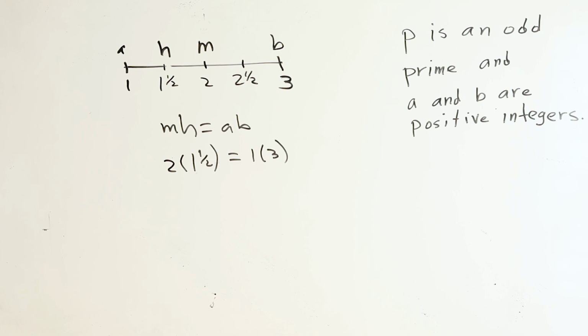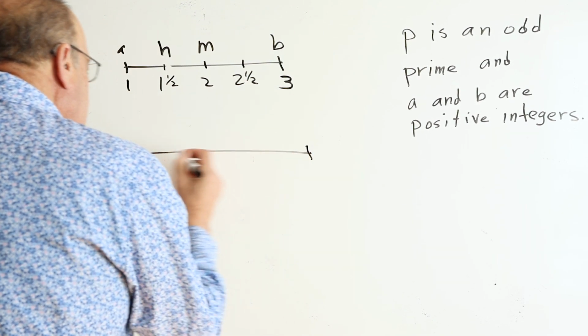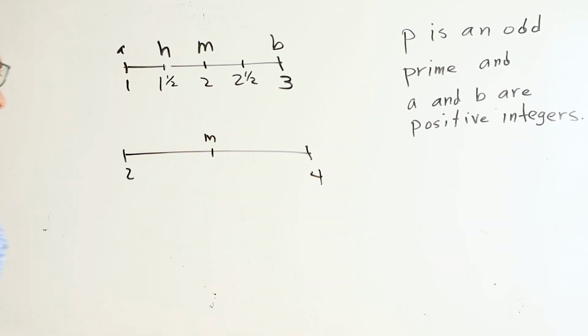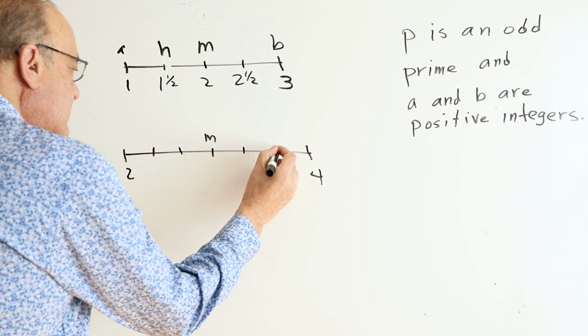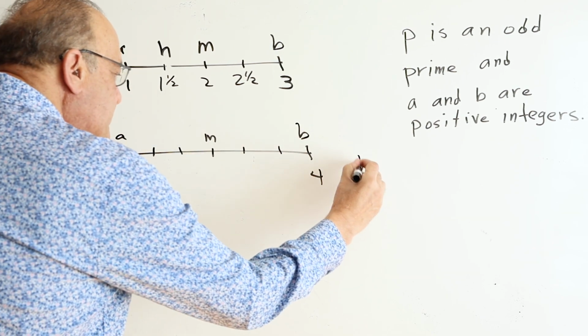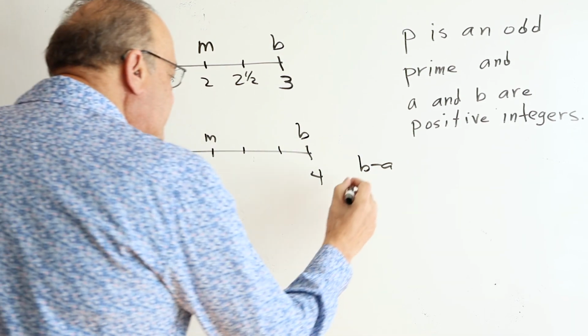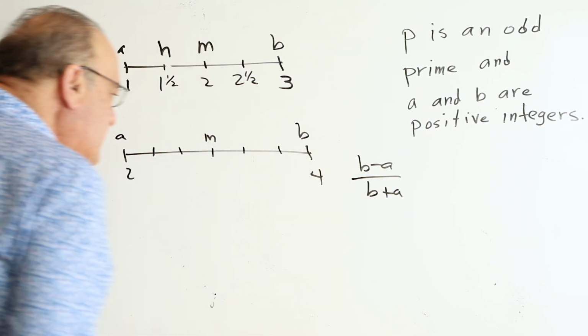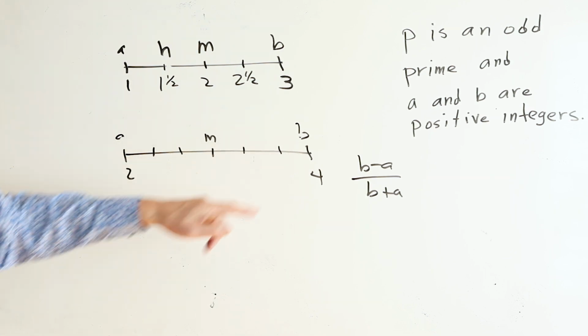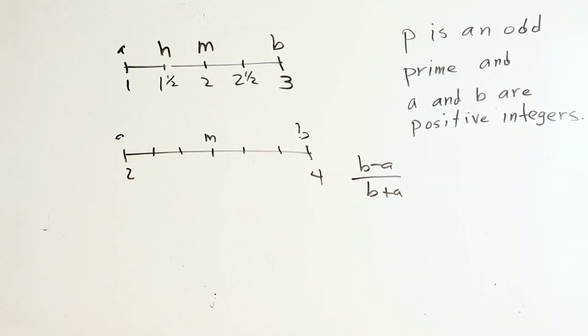And that works. Let's look at another example. Suppose we have 2 and 4, with M in the middle. We add 2 and 4 and get 6, so we want 6 spaces. To calculate how long each space is, you take B minus A and divide by B plus A. B minus A gives you this length, and B plus A is the number of spaces, because I chose B plus A to be equal to the number of spaces.